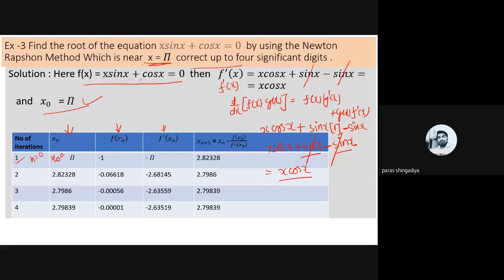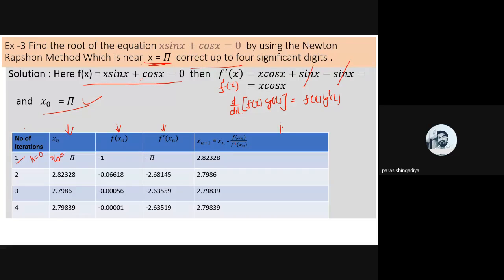So here we need f of x0. Let us check the value of f of x0. So f of x0 is x into sin x plus cos x, as given here. Replace x is equal to pi and check the output in radian mode. Otherwise you can directly predict that value, because we have the well-known values of sin pi and cos pi.